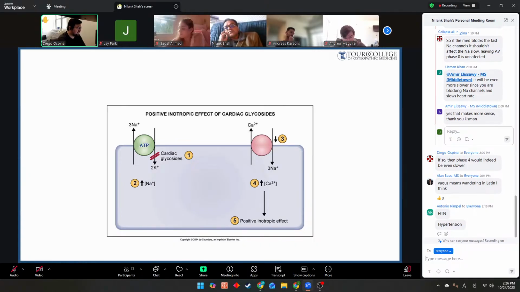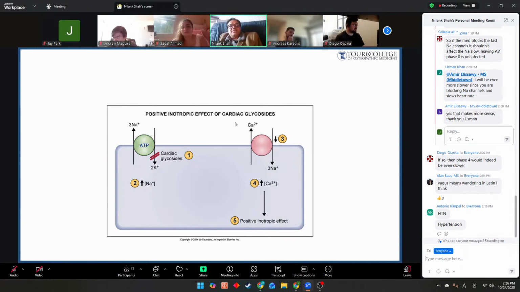You retain more calcium intracellularly, which will be used for myocyte contraction. So it will be available, the stroke will be greater. Very good. So that will increase the force of contraction.